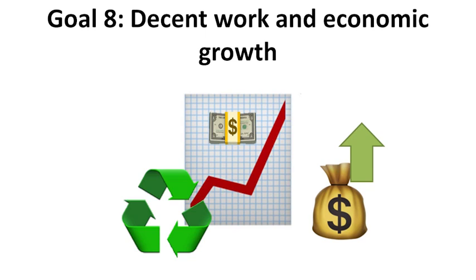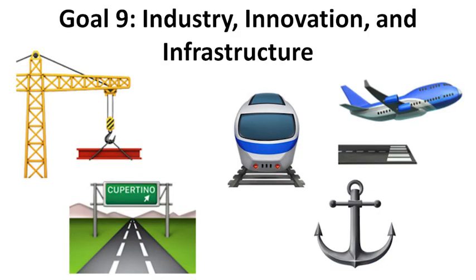The enhanced integrated framework for trade-related technical assistance to least developed countries is mentioned as a method of achieving sustainable economic development. Sustainable Development Goal 9 is to build resilient infrastructure, promote inclusive and sustainable industrialization, and foster innovation.